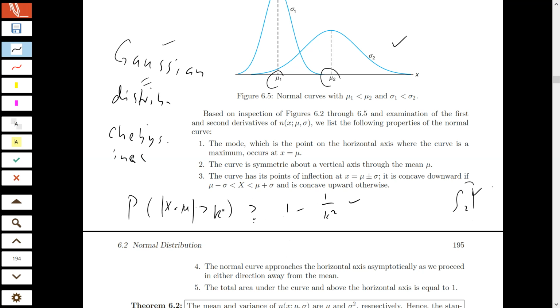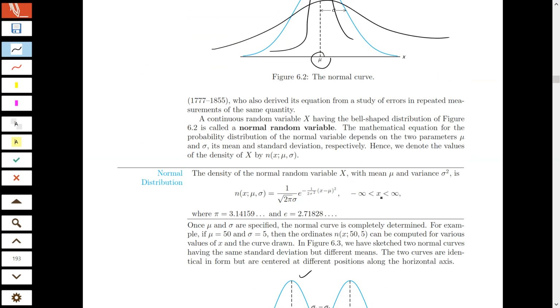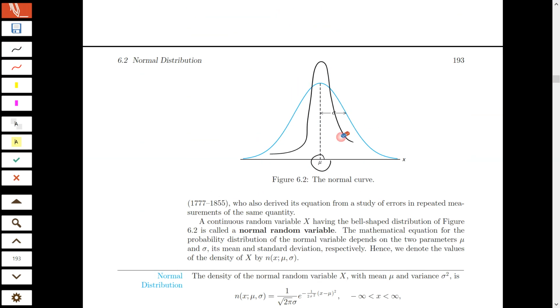So you can link that inequality here, right? So if you move away from this distribution, just pay attention. Let's say I want to know the probability in this interval.